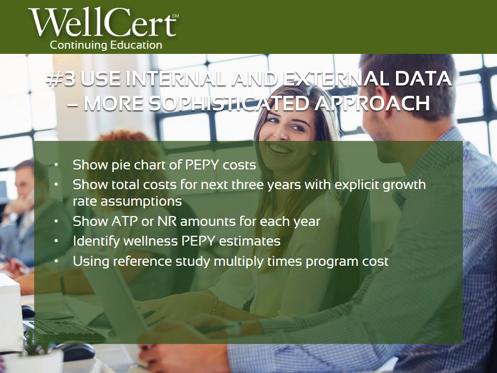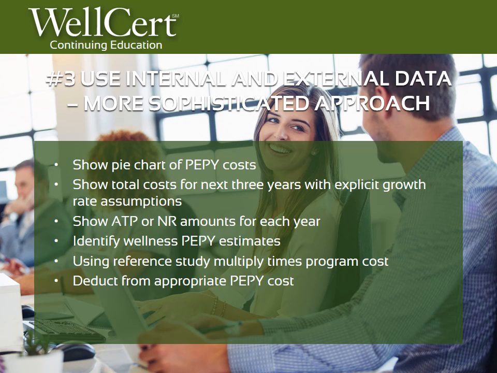You can also use reference studies and multiply times the program cost. So you can use either the Banker study or you can pick out one of the other studies that has projected the return on investment for wellness programs.